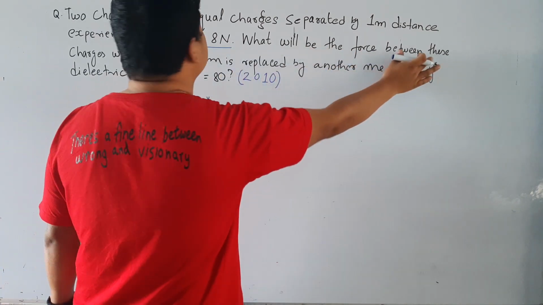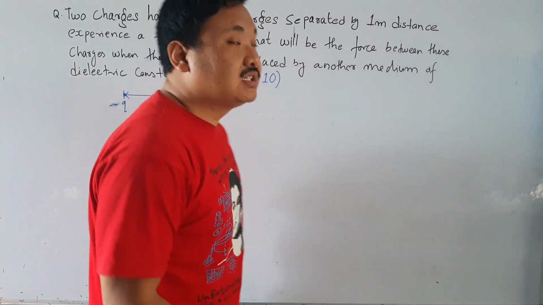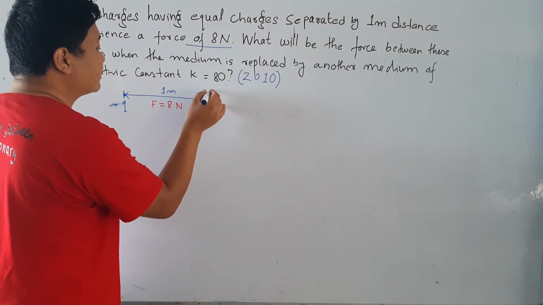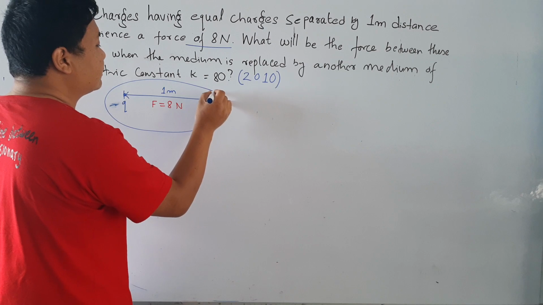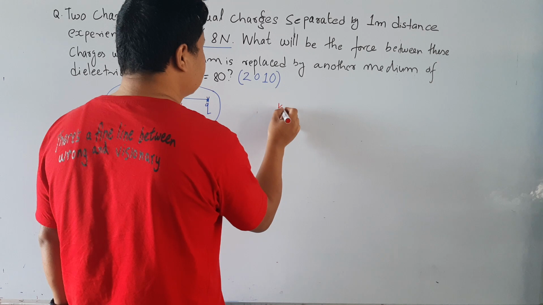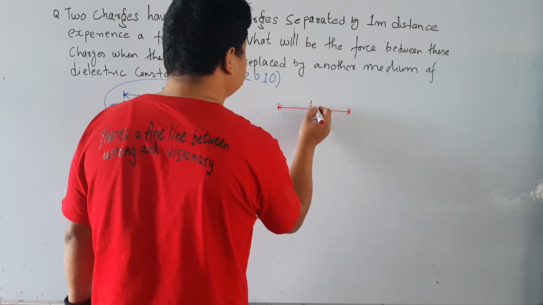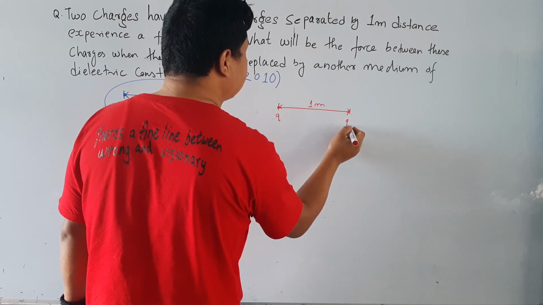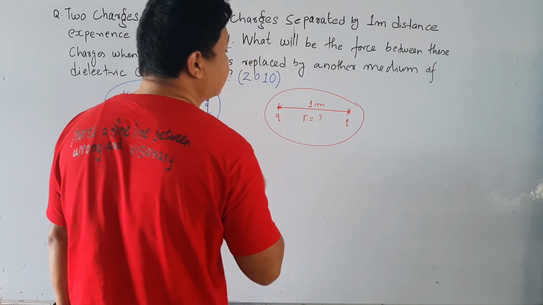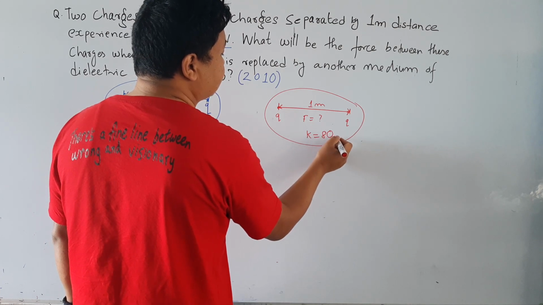What will be the force between these charges when the medium is replaced by another medium? It means that whenever it was here, the medium was some other thing, and in the next case the same charges are there, the charges are not replaced, Q and Q, and F is equal to question mark, and this is another medium of dielectric constant K equal to 80.